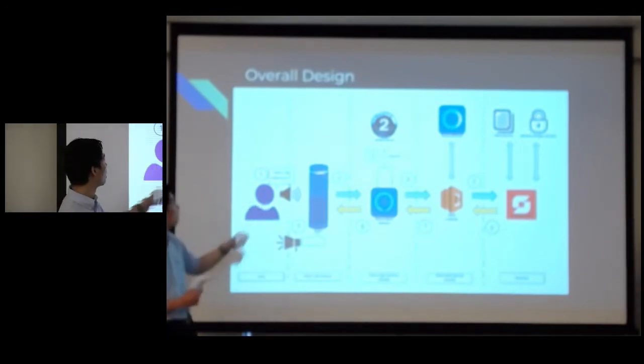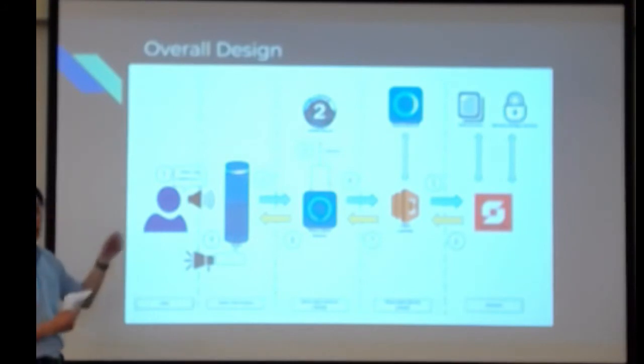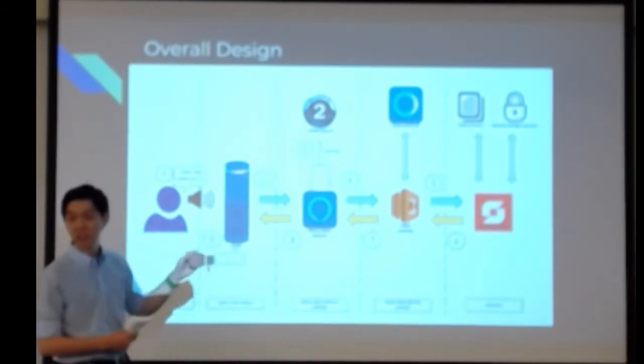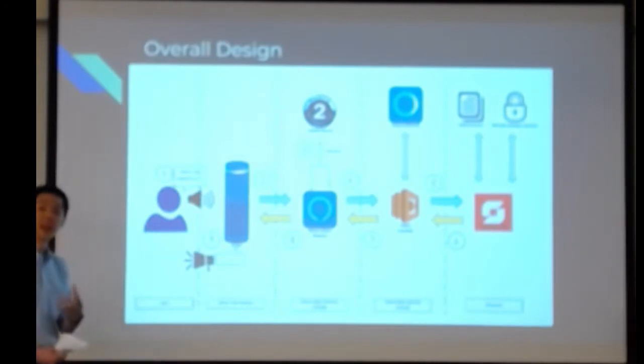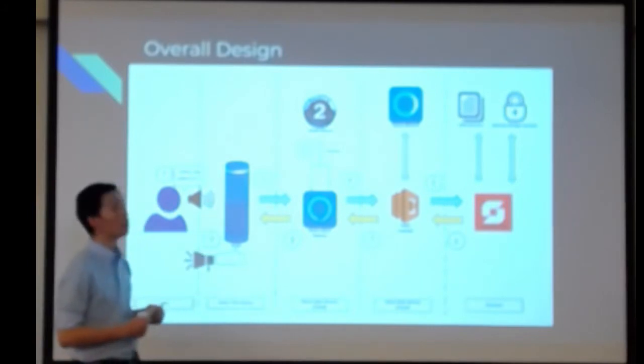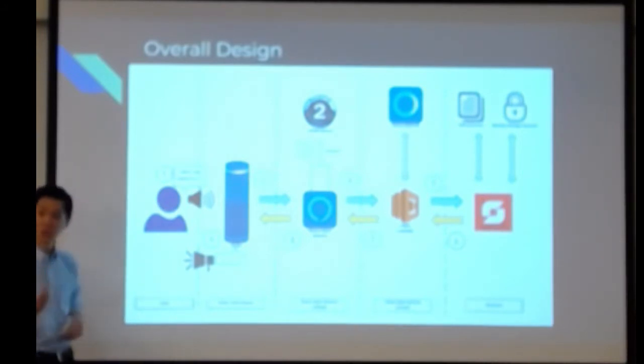Once our user speaks to Alexa Echo, Echo transfers our voice data to Alexa Voice Service. Once the voice service takes the data, it interprets the voice and determines what skill to use. On the way, it may also talk with the OAuth server because some skills may require authentication and all the security stuff.